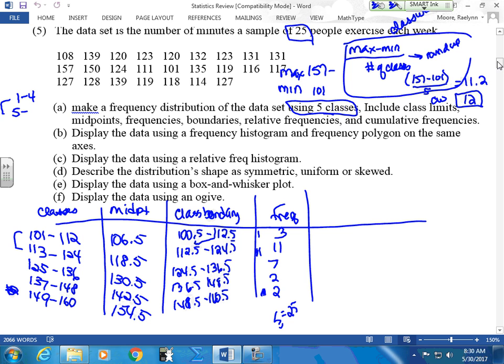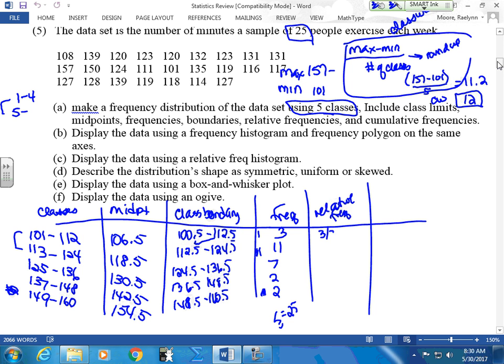So now, I'm going to do a relative frequency. Anybody remember how I do a relative frequency? So yeah, well we know, that's your cumulative, but we know they add up to 25, so relative means relative to that. So I have, good. So we're going to make a ratio.